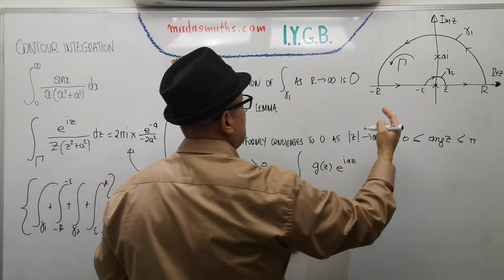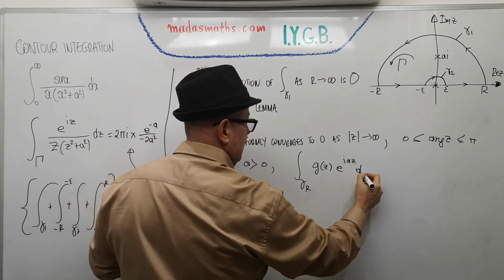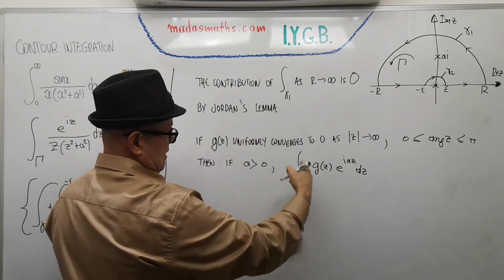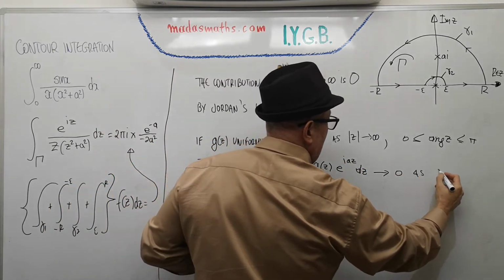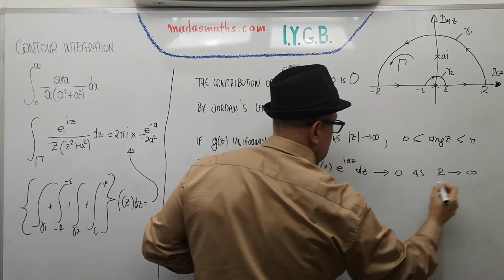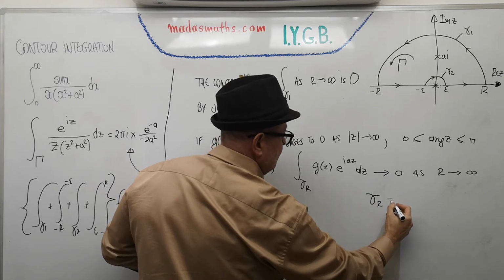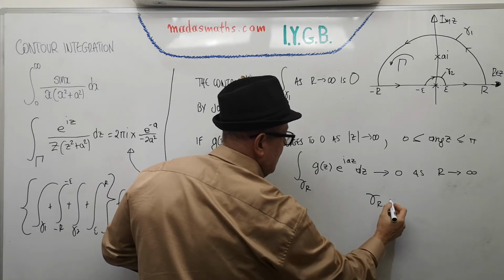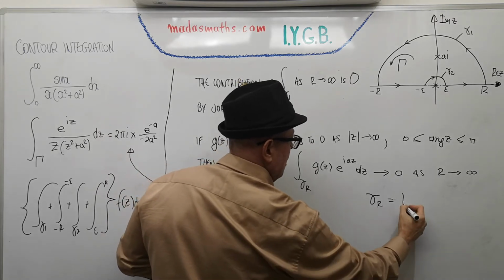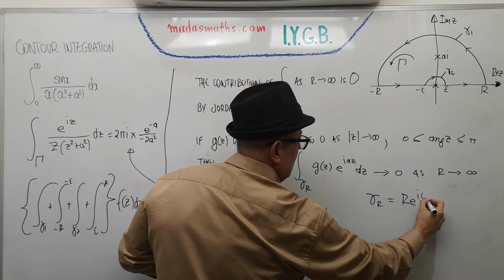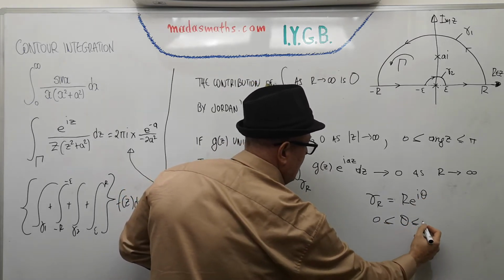dz. That's the general case. In our case, of course, the a is going to be 1. Then if a is bigger than 0, the integral of that tends to 0 as R tends to infinity, where gamma R is, actually, we can write gamma R is equal to R e to the i theta, again theta between 0 and pi.